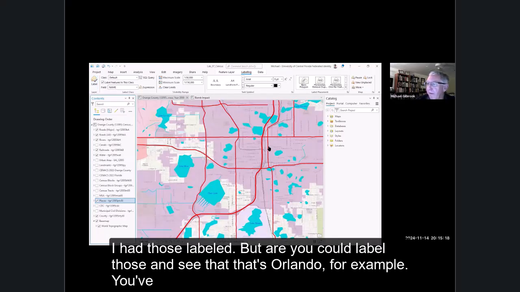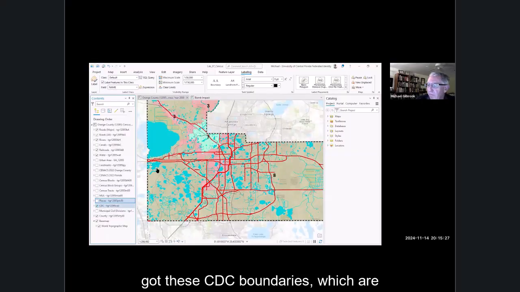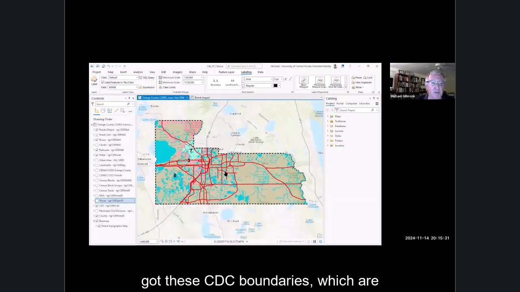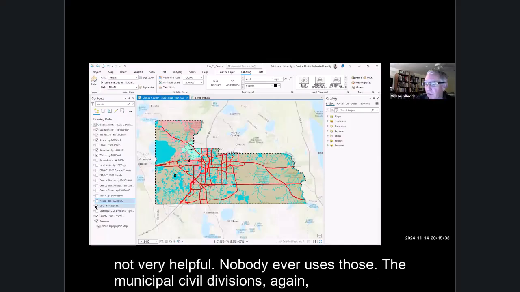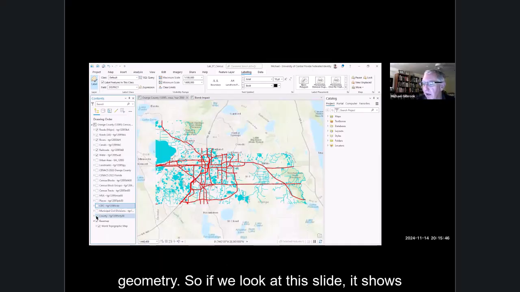Okay, I thought I had those labeled, but all right, you could label those and see that that's Orlando, for example. You've got these CDP boundaries, which are not very helpful. Nobody ever uses those. The minor civil divisions, again, nobody ever uses those. And then the actual county boundary is another part of the TIGER geometry.